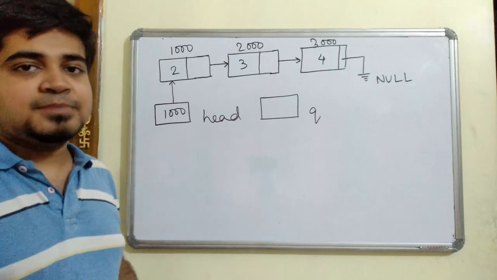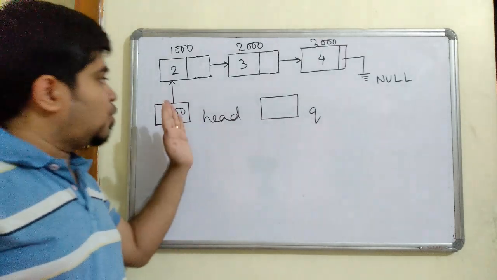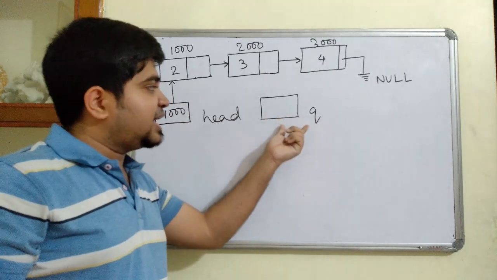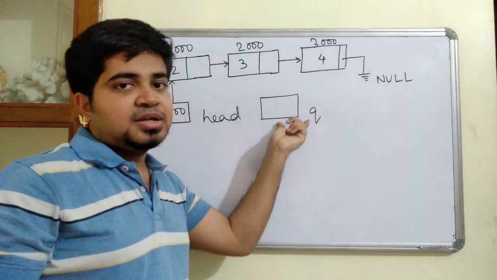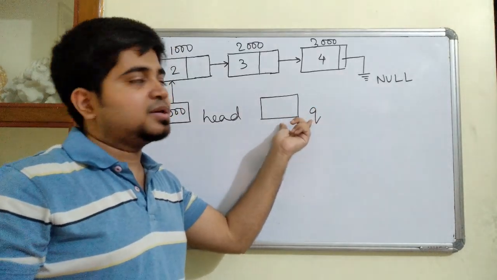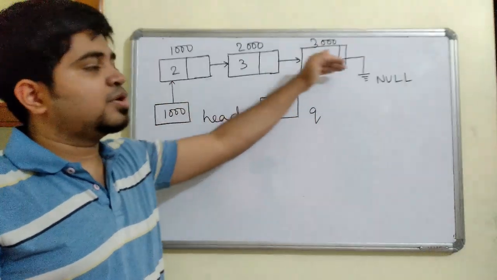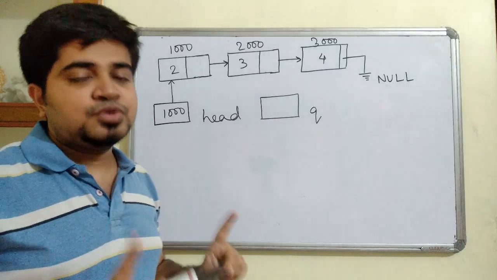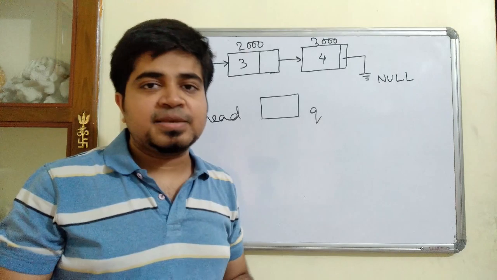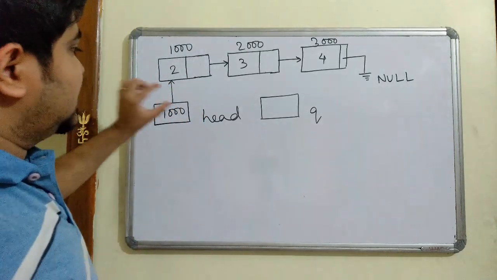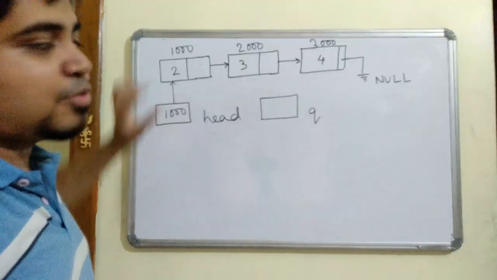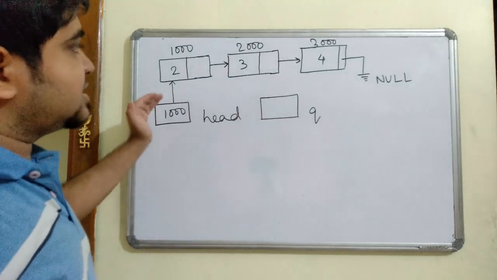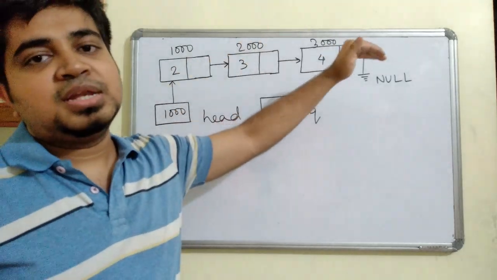For this very purpose, we can take a separate pointer, and with the help of this pointer we can parse through the whole of the list. Why do we take a separate pointer? Because head is actually pointing to the first node, and this is a unidirectional linked list.